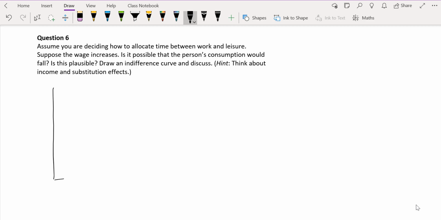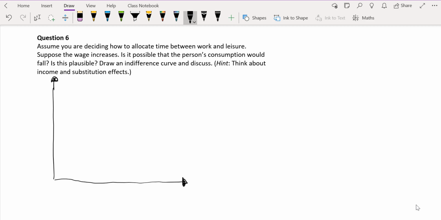If you relate this to the real world, when your wage increases, you're earning a higher wage now, you could actually decide to have more leisure time. Instead of working more or working the exact hours, you may say, okay, I have a higher income, so I prefer working less. Yeah, that's an example from real life.